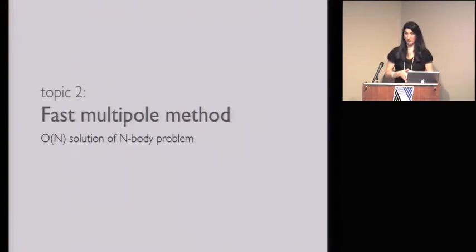We want to solve that with order n. The fast multipole method was originally discovered by Greengard and Rokhlin, and this was published in 1987. And it was proposed originally to calculate the interaction of n bodies, for example, in an astrophysical situation where you have n masses interacting with each other.